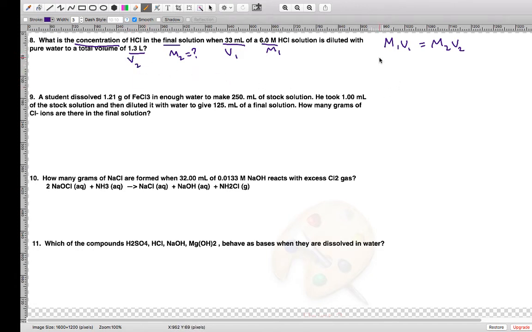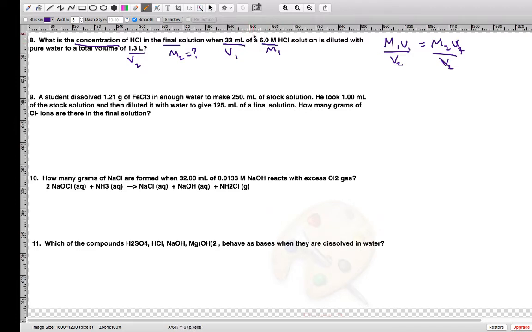I'm going to use some algebra here. Algebra is not necessary, but it's just convenient. So I want M2. I'm going to solve for it by dividing both sides by V2. These cancel. I got M2 alone. So I'm going to start plugging stuff in. The units can be molar and milliliters, or molar and liters.